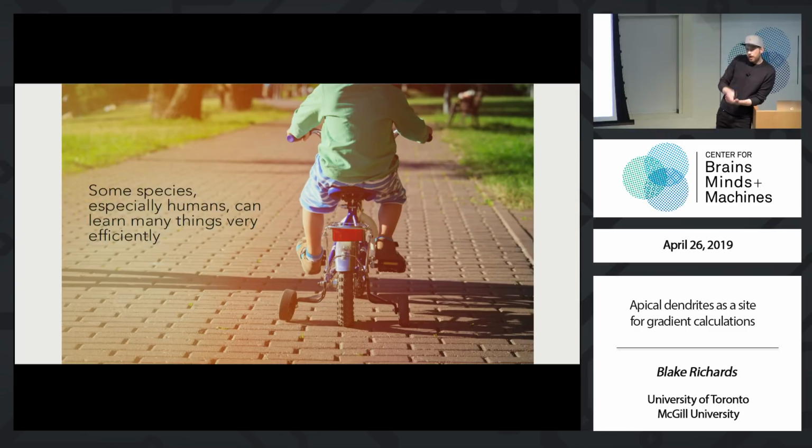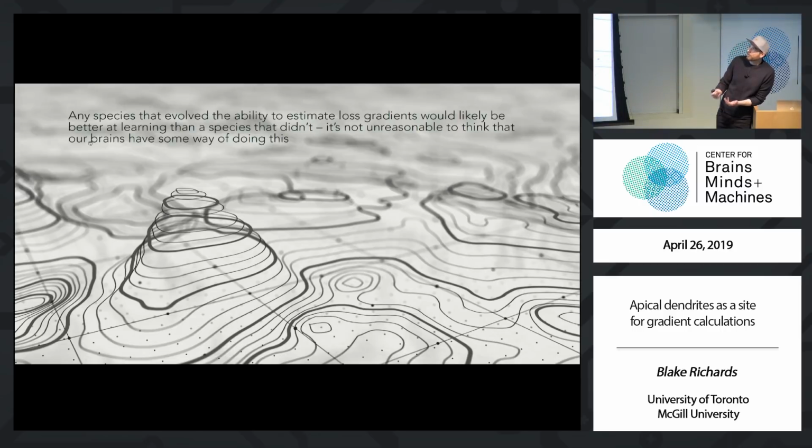So I think it's reasonable to assume, until proven otherwise, that our brains might be doing something like a gradient calculation, especially because any species that evolved the ability to estimate loss gradients would probably outcompete other species because they'd be just that much better at learning. And if it's a biologically plausible thing to do, then at least it's worth exploring experimentally.